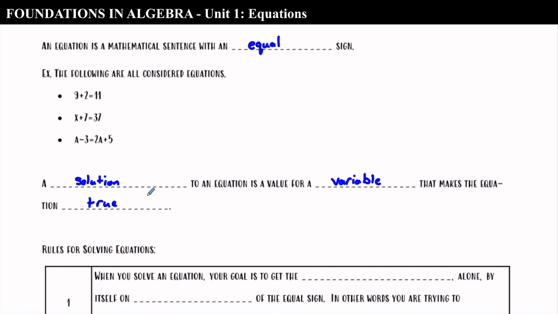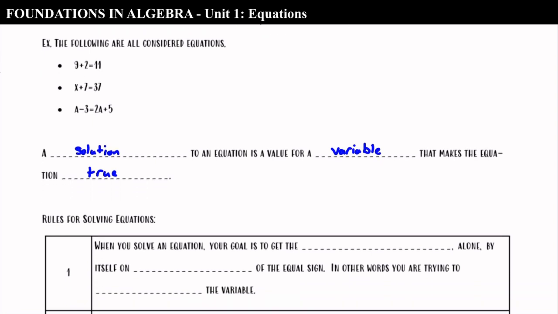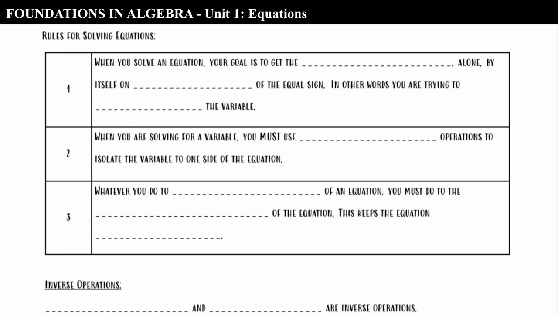Okay, so there are some rules for solving equations and finding out what those values are. When you solve an equation, your goal is to get the variable alone by itself, and typically we want to get that variable by itself on one side of the equal sign.